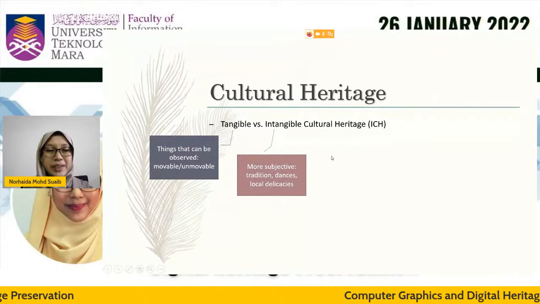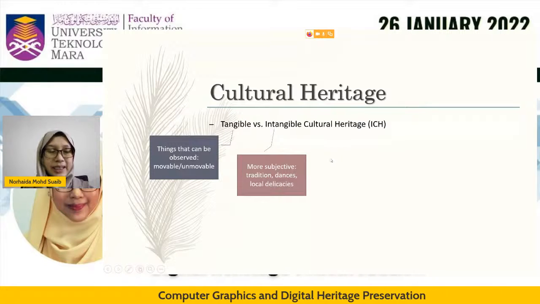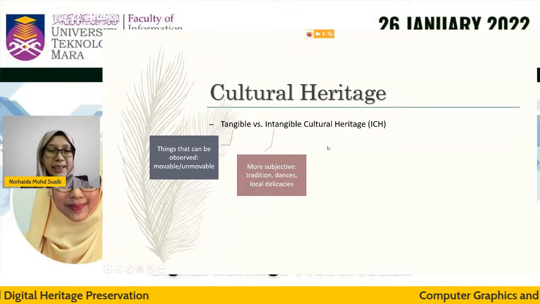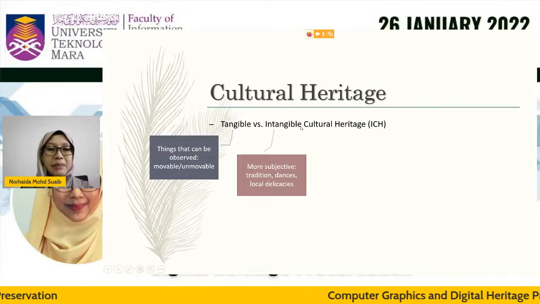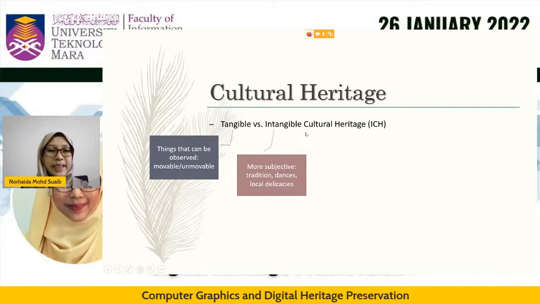Okay, so how about cultural heritage? Sometimes these terms are used interchangeably. So based on UNESCO's definition again, cultural heritage can be divided into tangible and also intangible cultural heritage.